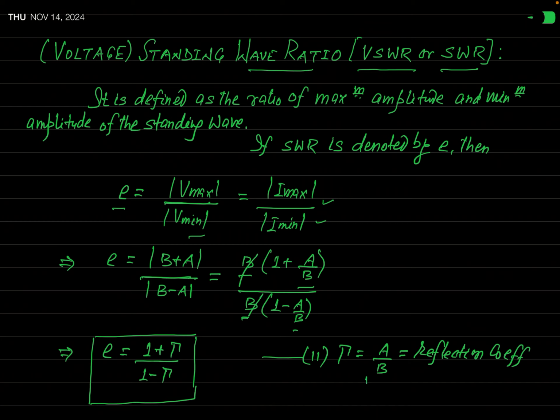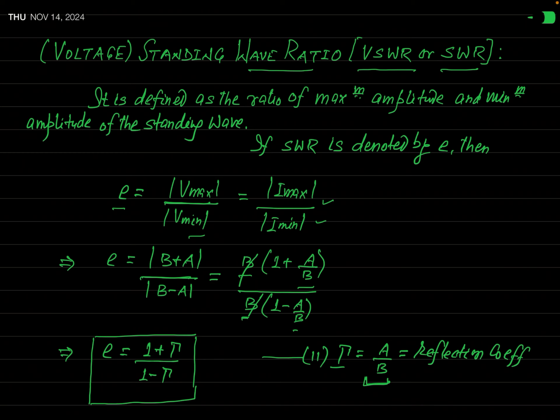But can you say what this A over B is? A is actually the amplitude of the reflected wave and B is the amplitude of the incident wave. So this ratio A by B is called the reflection coefficient, and we have discussed this reflection coefficient in great detail in our previous lecture.